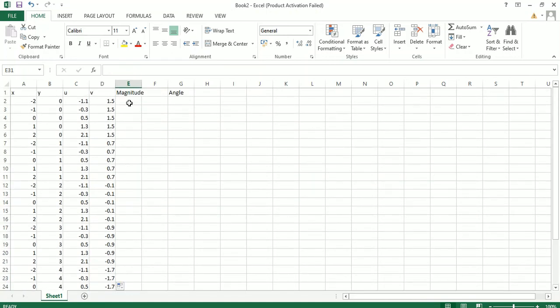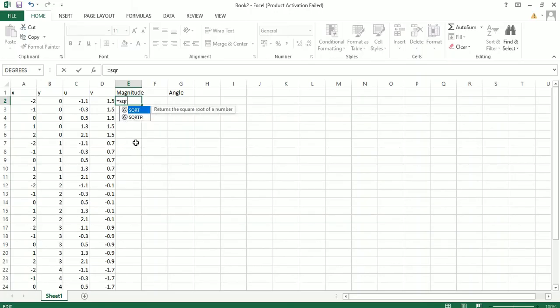So now let's look at how you are going to calculate for the magnitude. To calculate the magnitude, let's write the formula. We're going to use equal to, then write SQRT, which represents square root, then bring brackets. Then after the bracket, I will click on the u value, and then raise it to the power, bracket open, 2 bracket close.